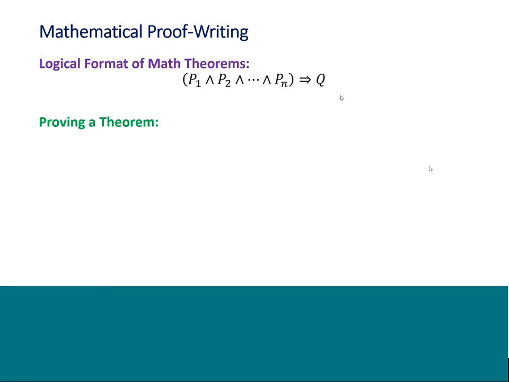Now, if you want to actually prove that mathematical theorem, you could totally put this thing into a truth table if you wanted to. And it would simply be taking this implication where you've got a bunch of ands for the if statement and then some conclusion for your then statement, and you could throw it into a truth table.